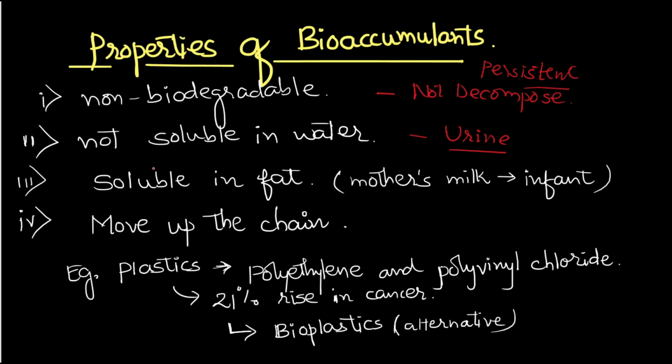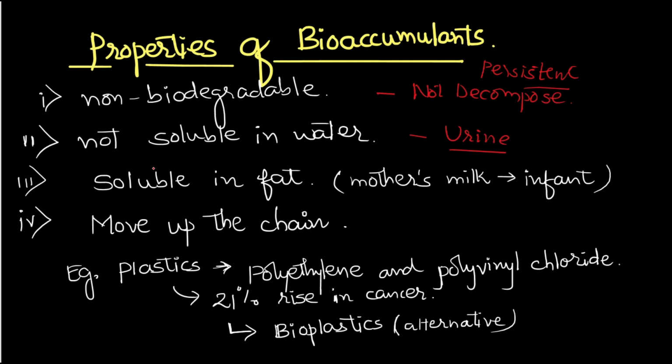Now, bioaccumulants are soluble in fat. What is the significance of that? When the mother's milk is given to the newborn baby, that is how the pollutant travels from the mother's body via milk to the newborn baby. So that is very harmful, and we saw in the previous example that they move up the chain.